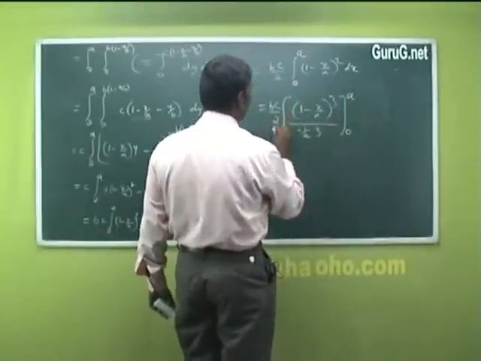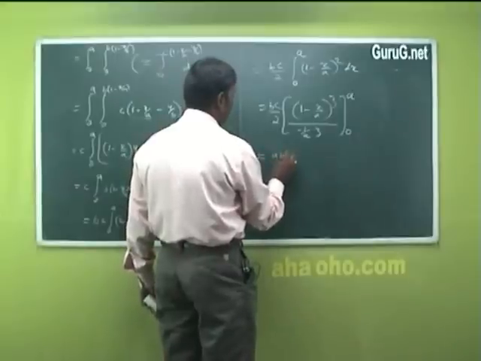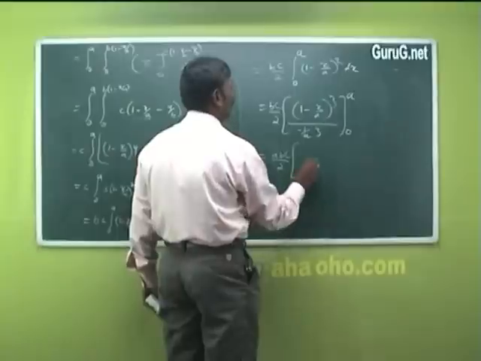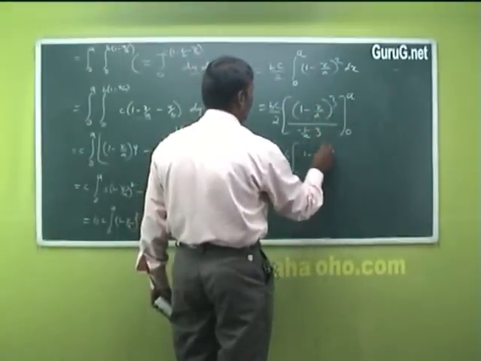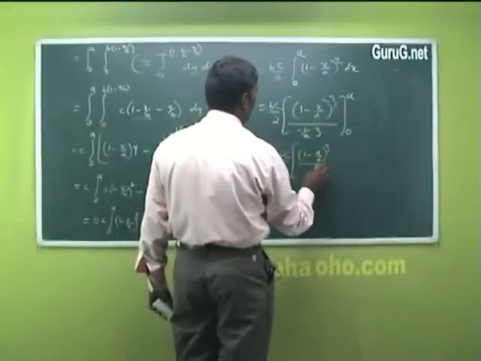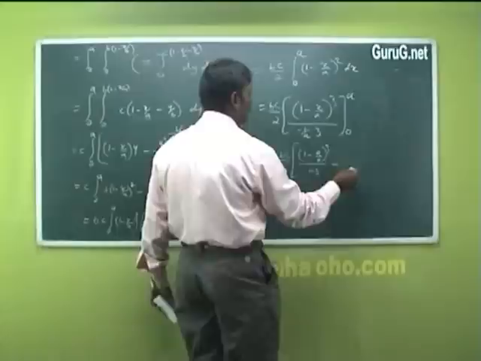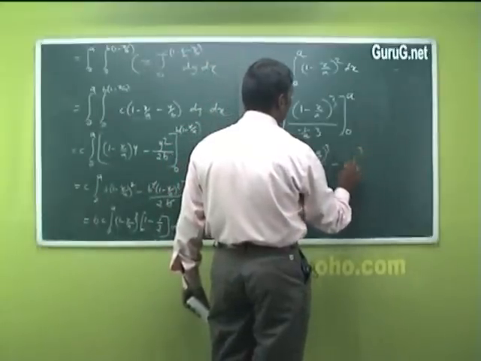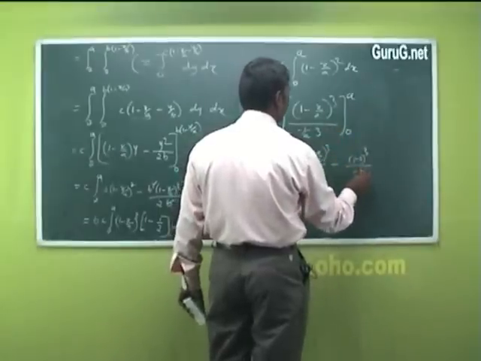So abc by 2, you substitute the upper limit, 1 minus a by a the whole cube by minus 3, minus the lower limit, you substitute 0, so 1 minus 0 the whole cube, by minus 3.